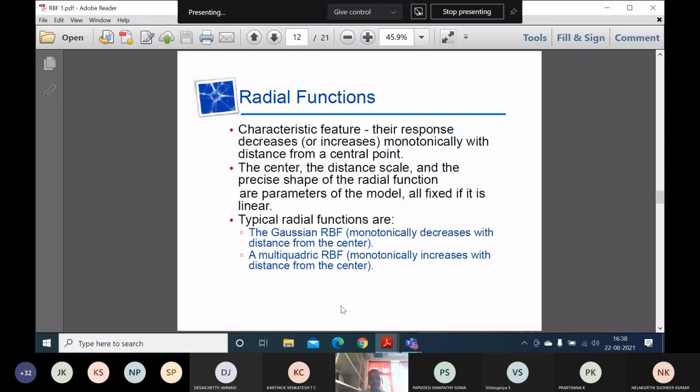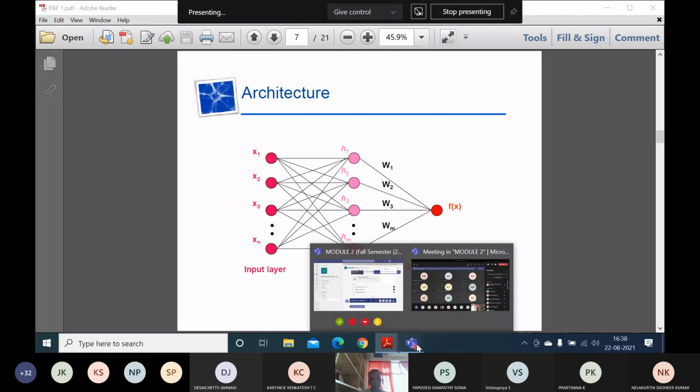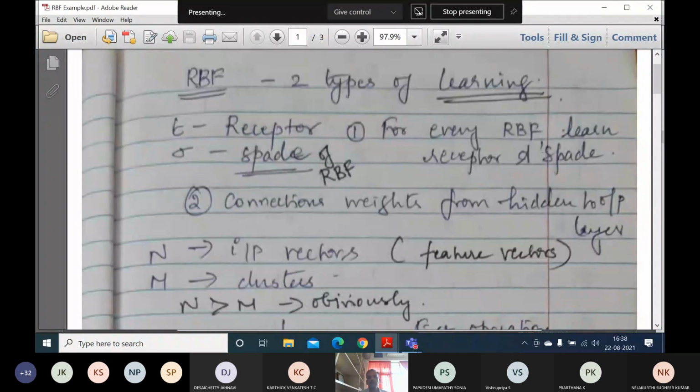From the input unit to the hidden, I have one type of learning, and from the hidden to the output, I have a different type of learning. That's why they say RBF consists of two types of learning.